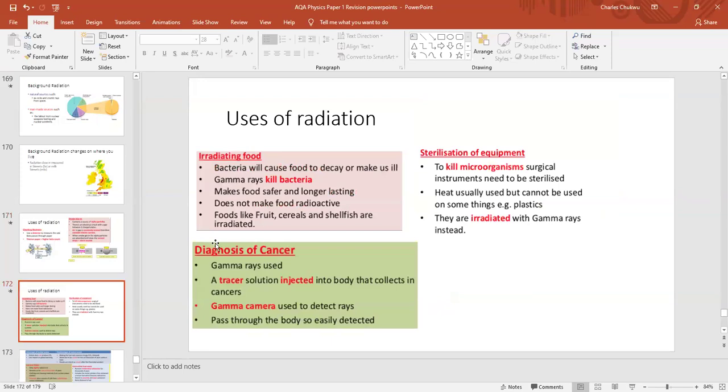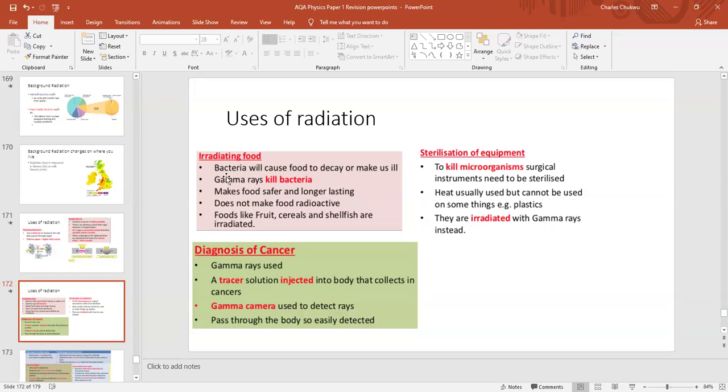Further uses of radiation are, number one, irradiating food. Okay, remember, irradiation does not make a substance become radioactive. That would mean it starts emitting rays, which are harmful. It simply helps.